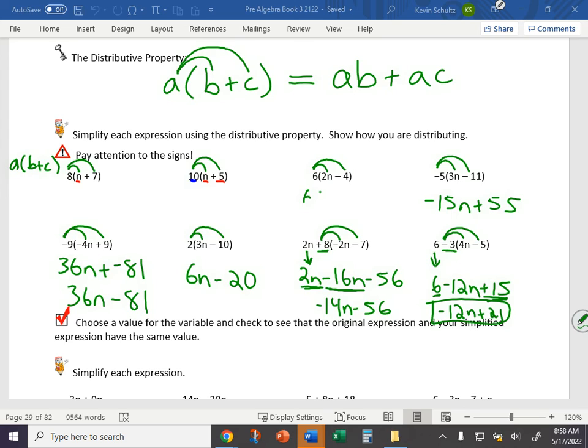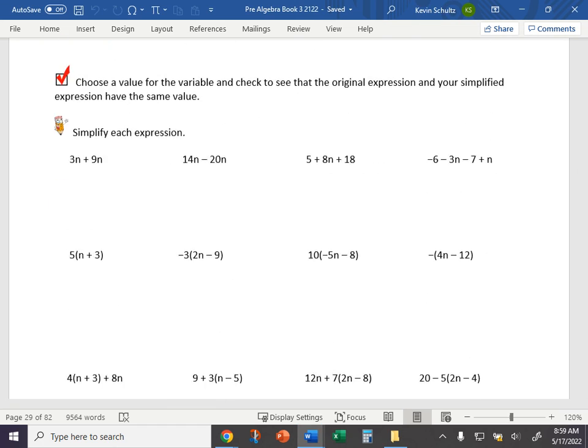I got 21 by combining my like terms, my constants, 6 and positive 15 would add to be 21. Okay? I can't touch the n term because there's only one of them there. But notice that my sign followed down, right? It was negative 12n, negative 12n. Okay? My final answer there.